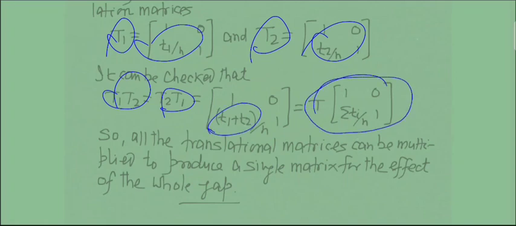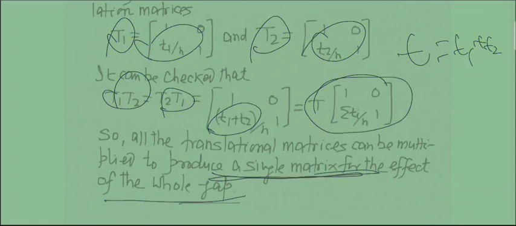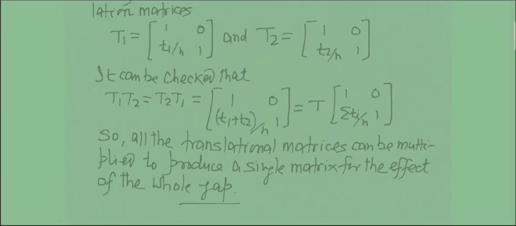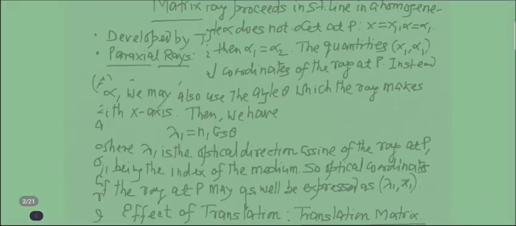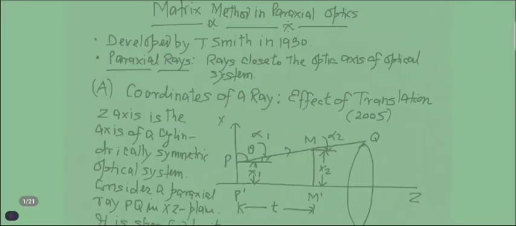Now T1 plus T2 equal to your T, total gap T. So it can be used to produce a single matrix for the effect of the whole gap. You have divided this particular area into two gaps. This is your T1 gap and this is your T2 gap.